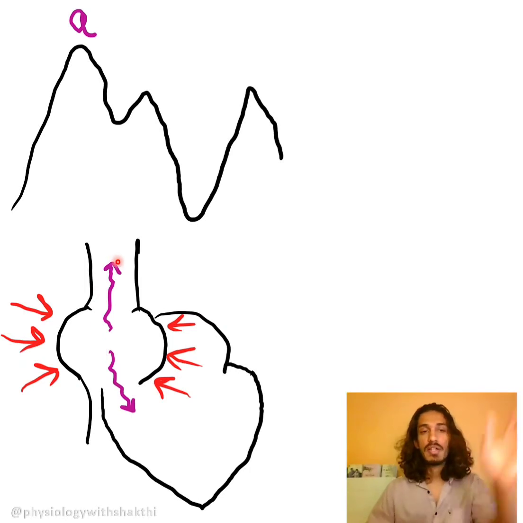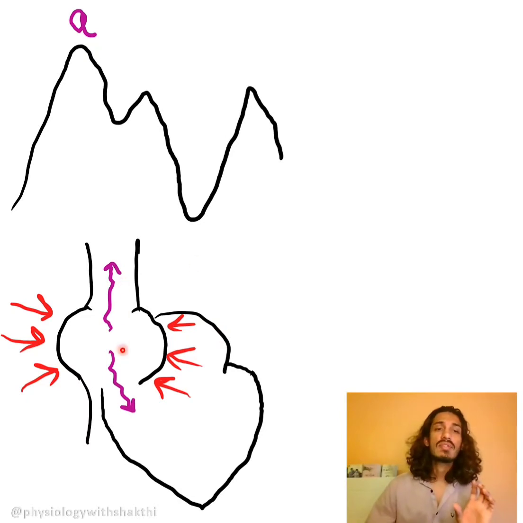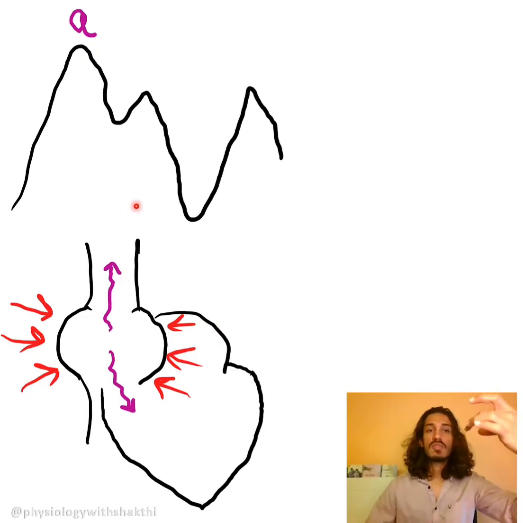That spurt is what results in the A wave. So always remember, whatever we're talking about in the JVP wave, it's with regard to the changes that you see over here. So first, during atrial contraction, a bit spurts out on top, resulting in a positive deflection over here.